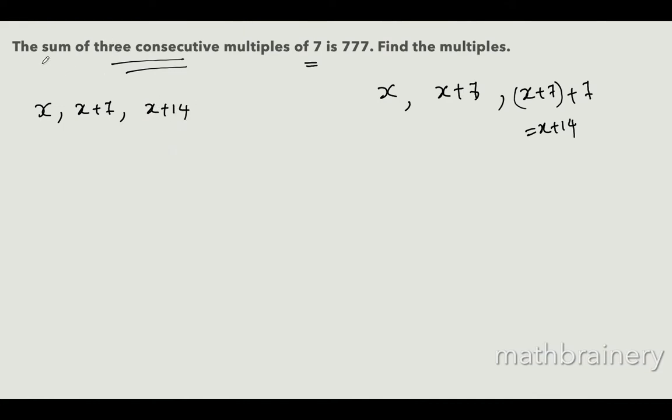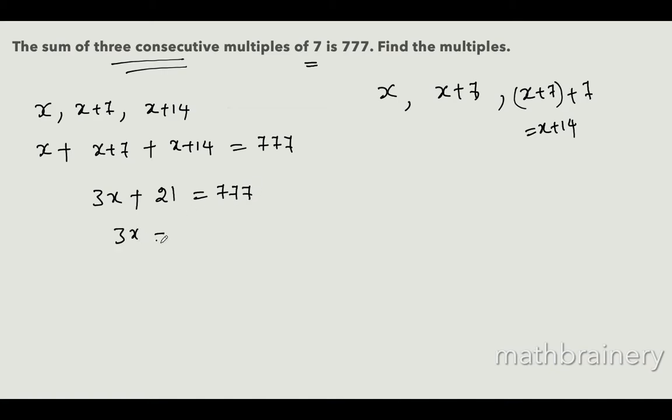Now what is given? That the sum of 3 consecutive multiples is 777, that is x plus this x plus 7 plus this x plus 14 is equal to 777. Let's simplify this. X plus x plus x is 3x, 7 plus 14 is 21. This is equal to 777.